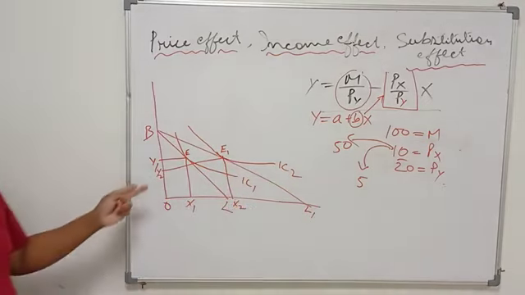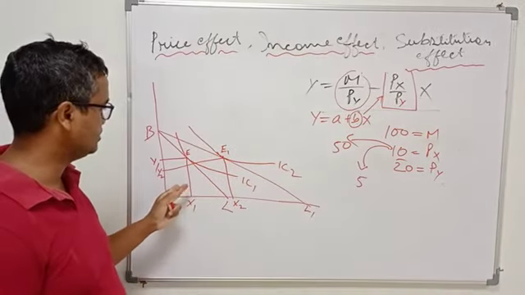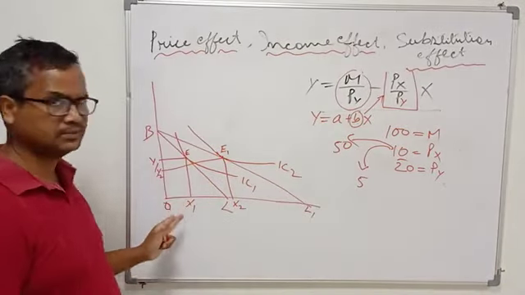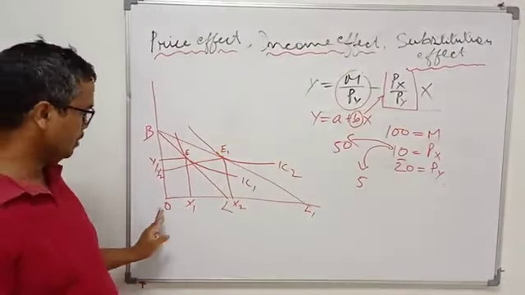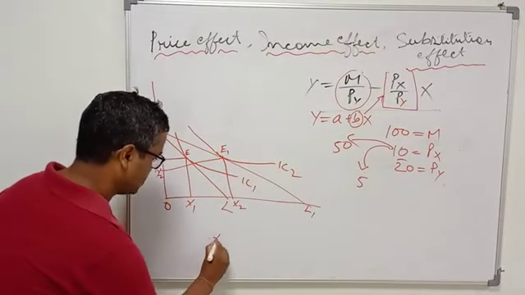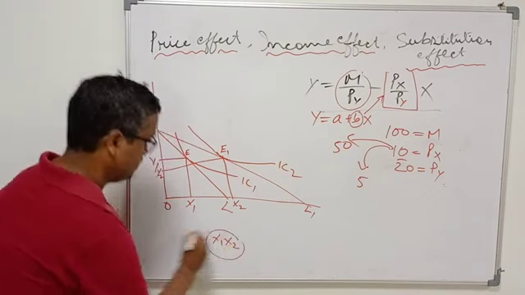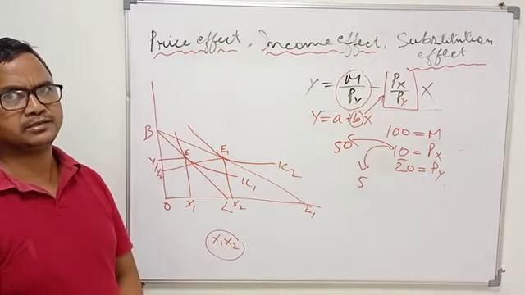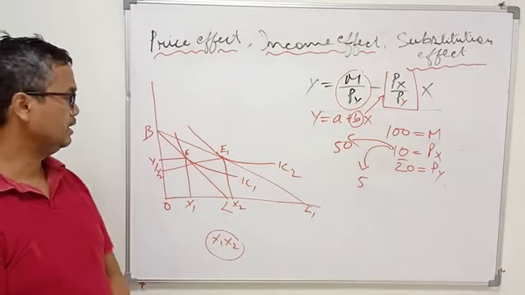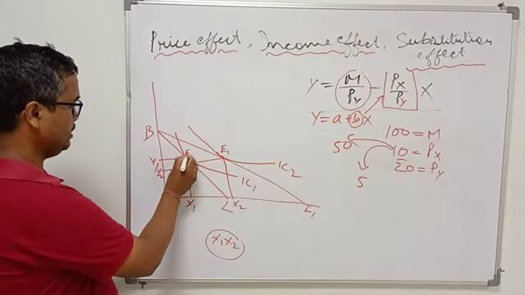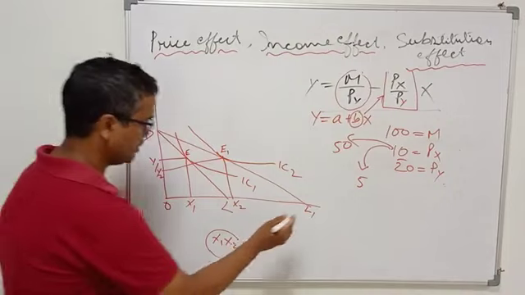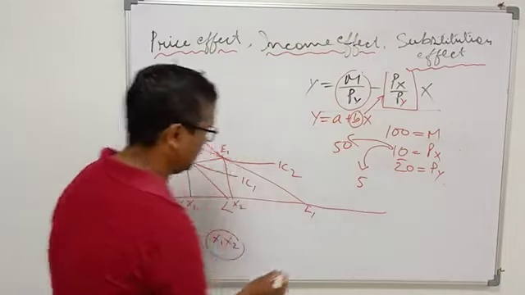So here, due to the falling price of X, the consumer is increasing the consumption of X good from OX1 to OX2. That is, the consumption of X has increased. So the movement is from point E to E1.